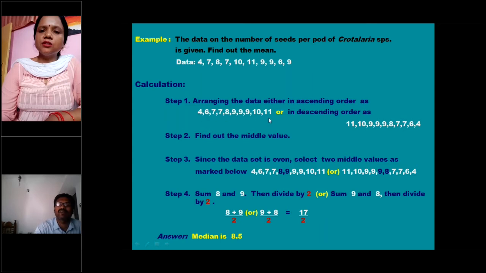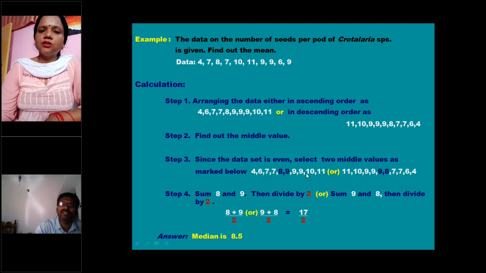This is the ascending order, this is the descending order. Then we find the middle value. Here our data contains only 10 values, so naturally our data is an even number, so we have to select the two middle values.